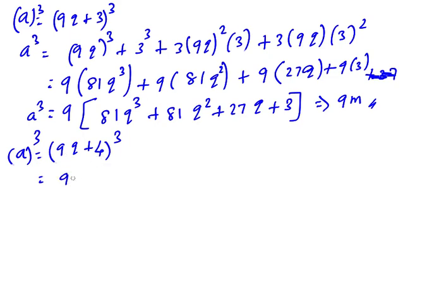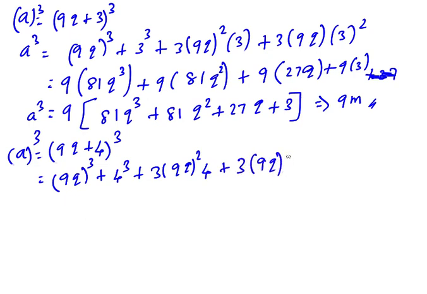So a cube 9q the whole cube plus 4 cube plus 3 9q square into 4 plus 3 9q into 4 square. In the first term, we can take 9 common outside. So 1 9 we have taken, totally 3 9s are there, so the 2 9s become, 9 into 9 become 81. So 81 q cube.